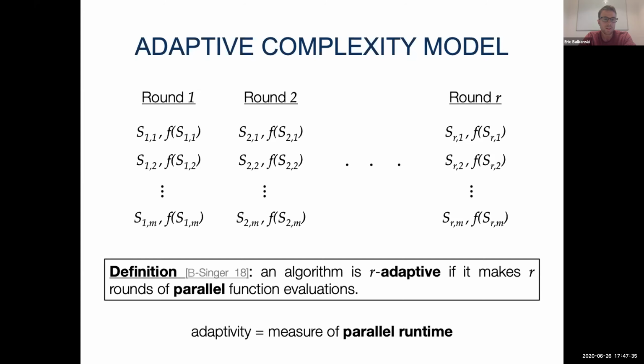Here, we're going to consider a simple model where the algorithm can perform multiple function evaluations in parallel. We say that an algorithm is R-adaptive if it consists of R sequential rounds, where in each round the algorithm can perform many function evaluations in parallel. Okay. So this is adaptivity.